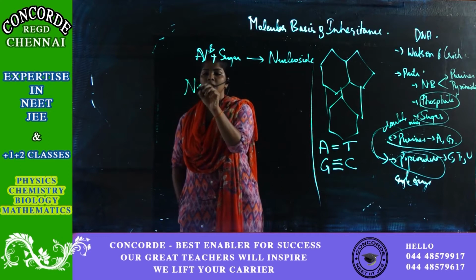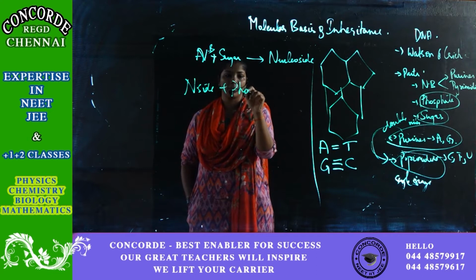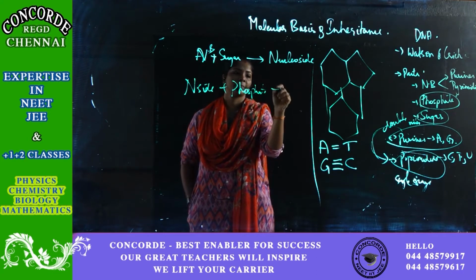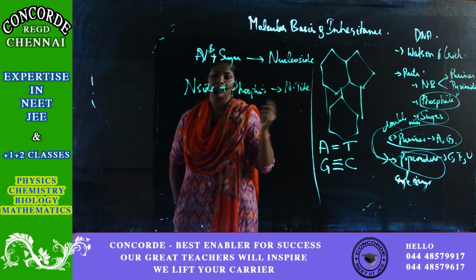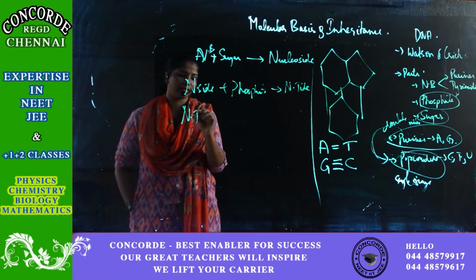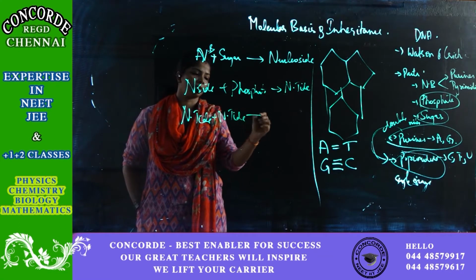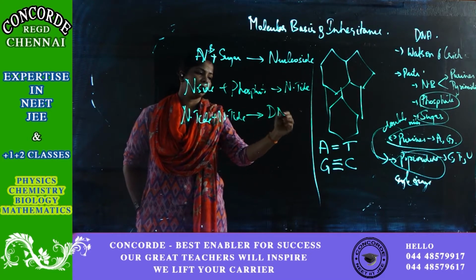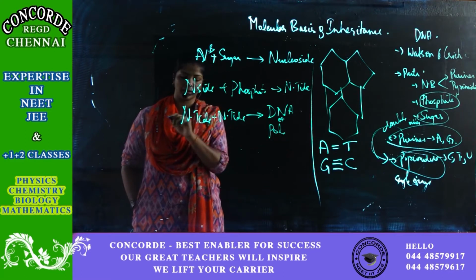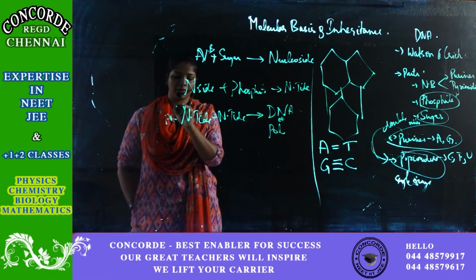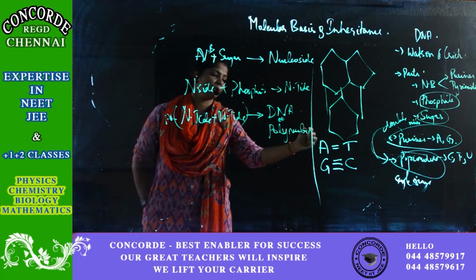Now this nucleoside pairs with what is left over, the phosphate, and forms a nucleotide. Then so many nucleotides join together to form the DNA, which is nothing but the polynucleotide. So n number of nucleotides, I call DNA a polynucleotide structure.